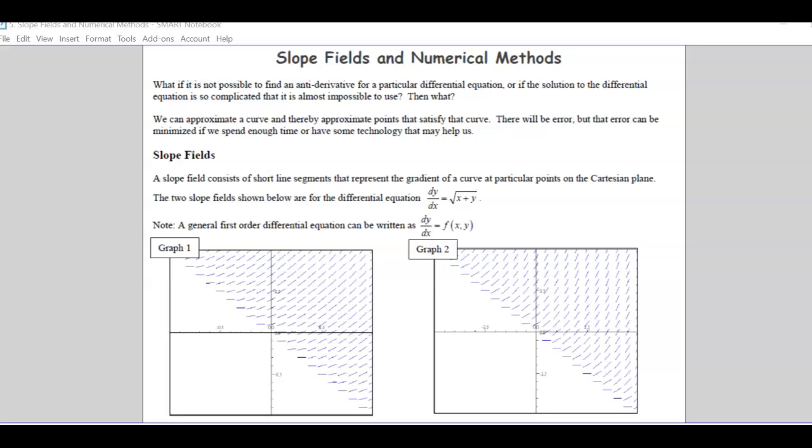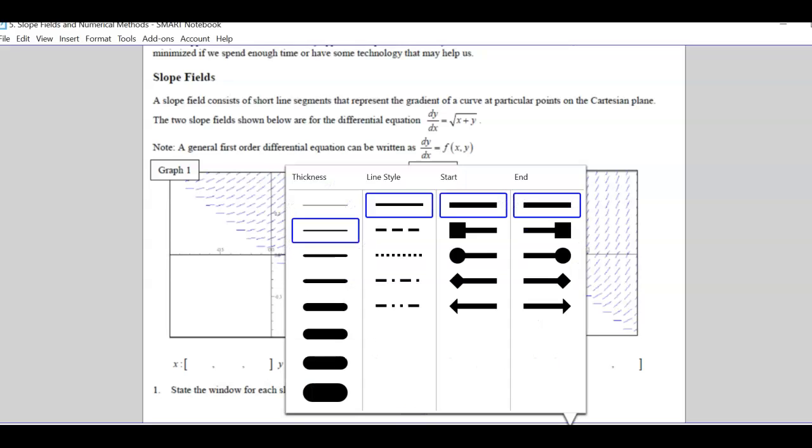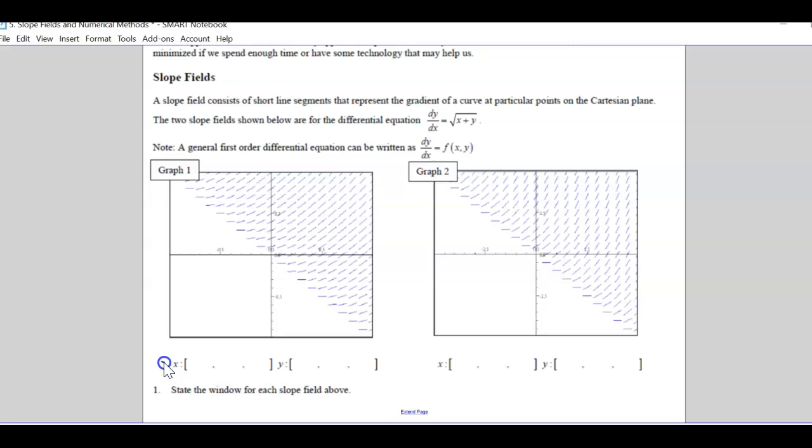That's the only difference here, the scale on them. So it says state the window for each slope field. This one is going from -1 to +1, and the markings would be 0.1s, and the same for the y's.